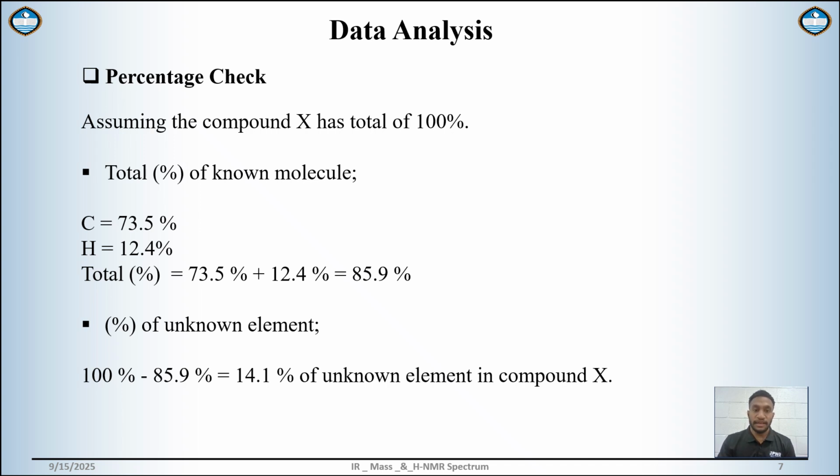The percentage of unknown element is calculated by subtracting 100% minus 85.9%, which gives 14.1%. Therefore, there is 14.1% of unknown element in compound X.